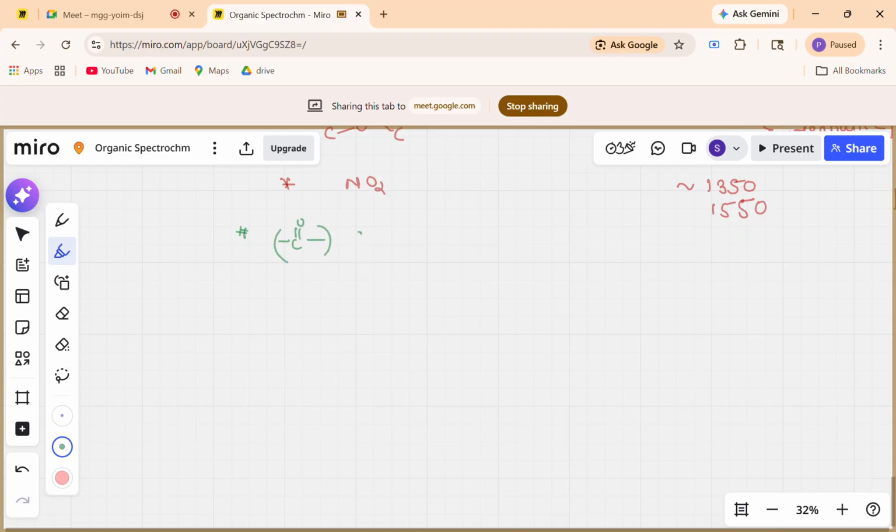Now when we are talking about the CO stretching, particularly for compounds containing a carbonyl group, there are so many PYQs based on carbonyl containing compounds and their derivatives.